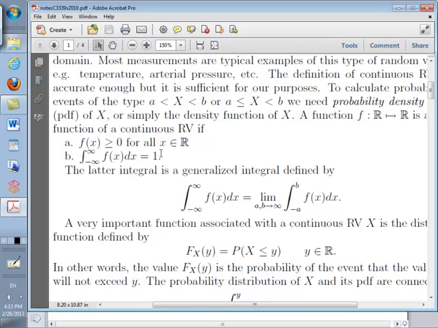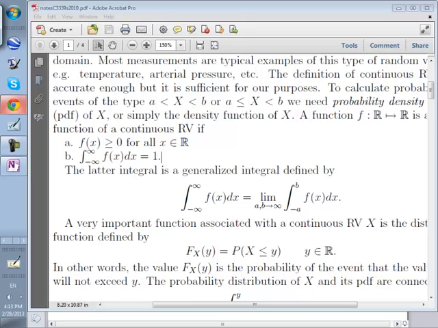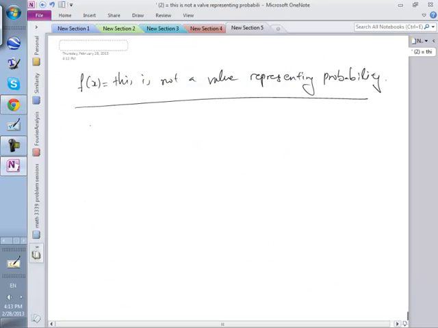We've seen this property before, in the form of a summation. For discrete random variables, if you sum the density when x ranges over all values of x, this is equal to 1.